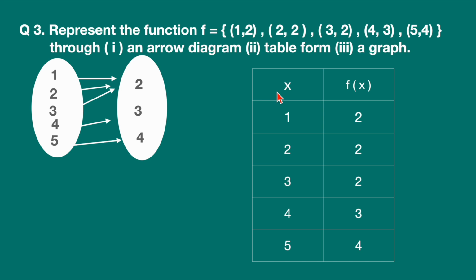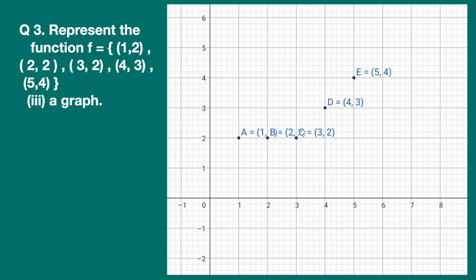You can keep the table vertical like this or horizontal, whatever your teacher tells you to do. So here x is 1, 2, 3, 4, 5. These are the values of x and this is the values of f(x). The image of 1 is 2, of 2 is 2, of 4 is 3, and of 5 is 4. So write down the table.